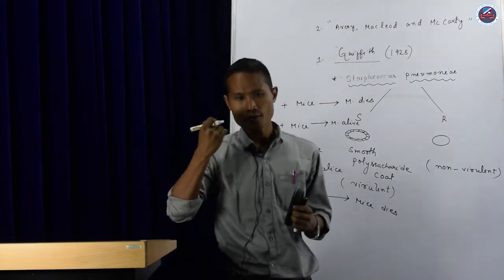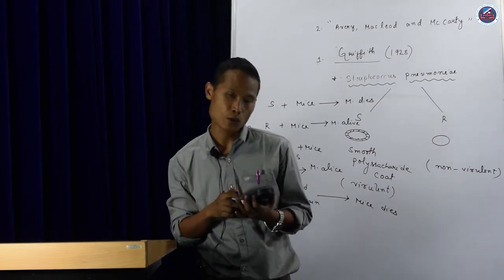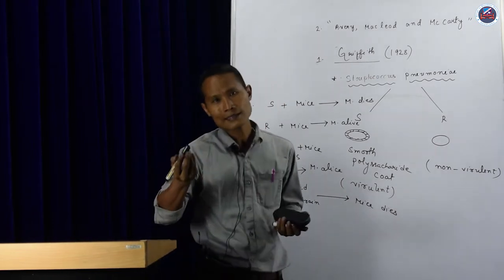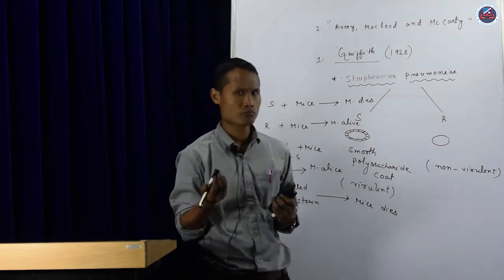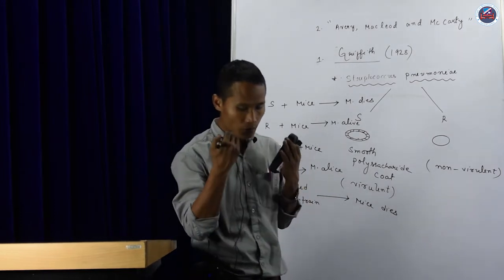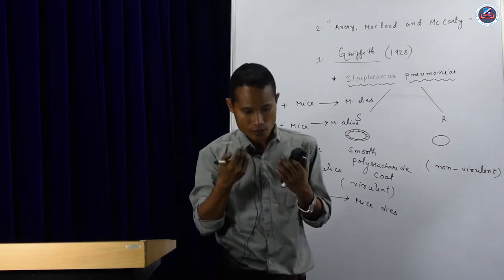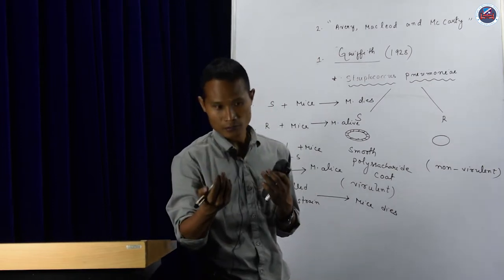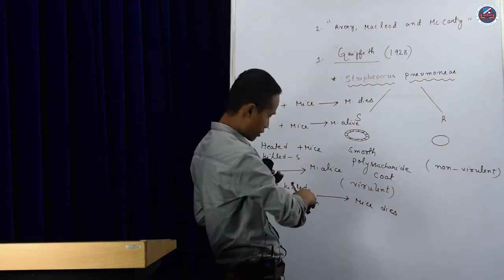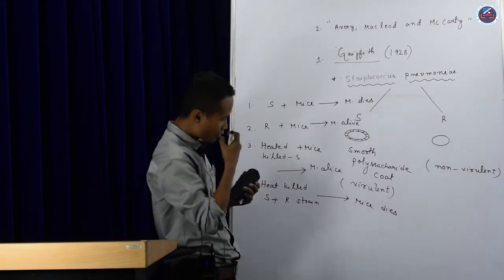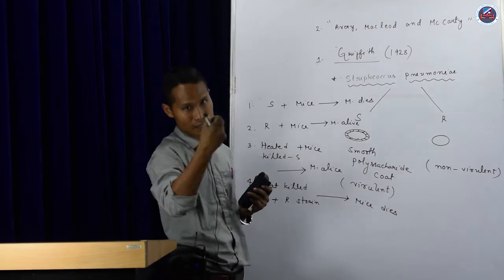So Griffith came to a conclusion. What made the R strain virulent? Which factor? How did the R strain, which was non-virulent, get transformed to virulent by the S strain? Because he understood that it was the S strain which made the R strain virulent.